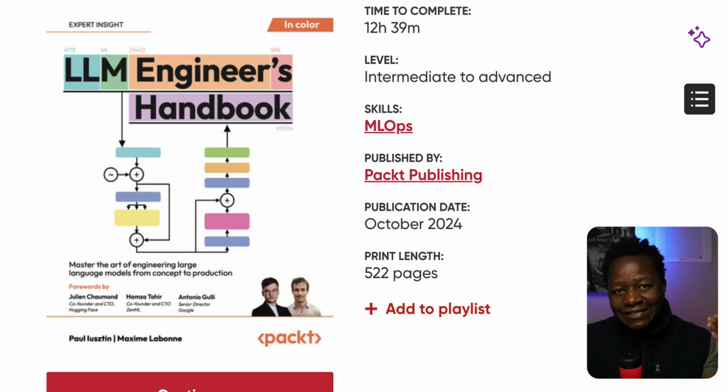They dissect everything when it comes to actually building LLM-based applications, right? That's why it's called LLM Engineer's Handbook. They really take you through the process of mastering the art of engineering large language models from concept to production. It is incredible. You just have to read it to understand the magnitude of this book.